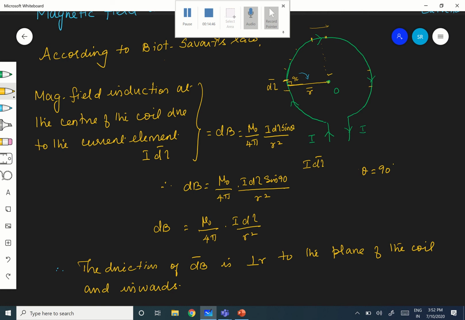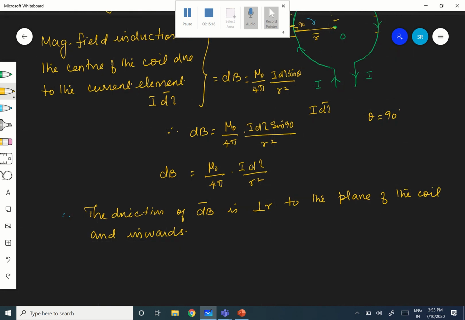Any rule you apply, you find the magnetic field at O due to different elements, and it is seen that the direction of dB is the same, perpendicular to the plane of the coil and inwards always. Therefore, it is very easy. You can sum it up now. If all the directions are the same, then you can easily add, and if you can add directly, you can integrate, there is no problem at all. Before integrating, you have to ensure what the direction is. If the direction is the same, then you can close your eyes and integrate.